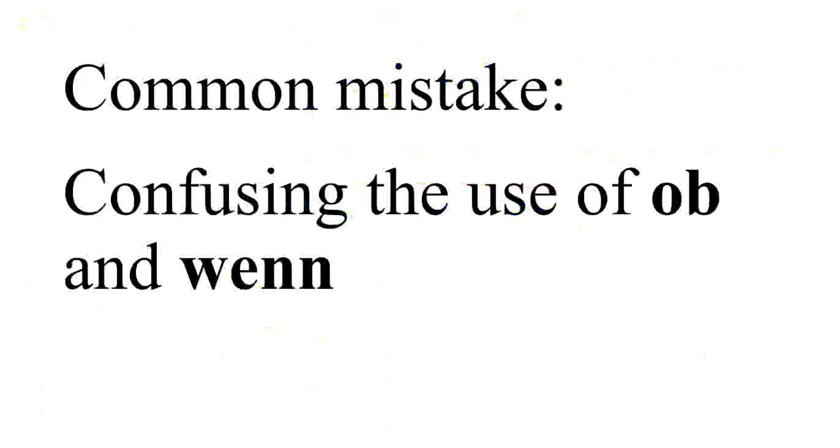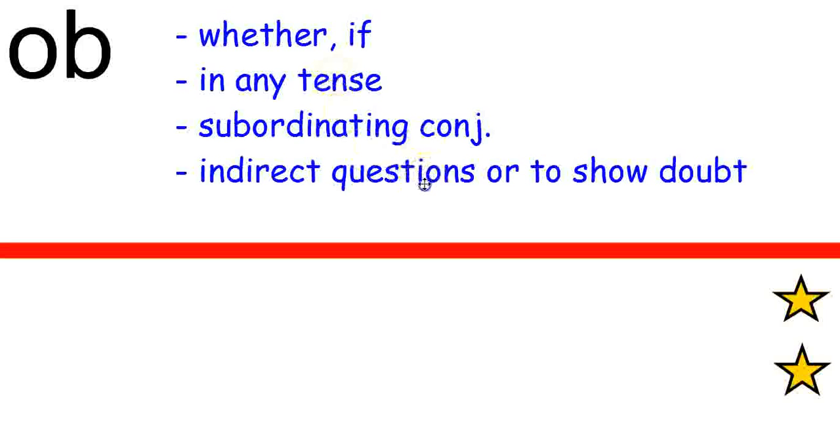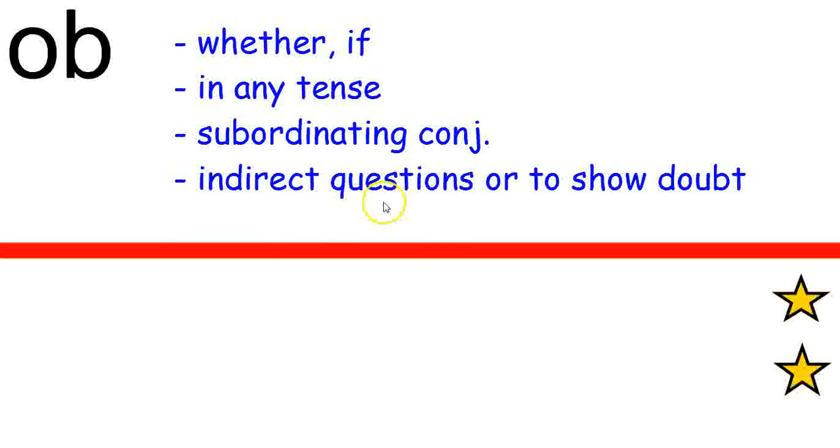Now, there is a challenge with wenn and confusing it when we use ob, because wenn is like whenever or if, and ob is a little different than that. So ob means whether or if. It can be in any tense, subordinating conjunction, and we do use it a lot with indirect questions.